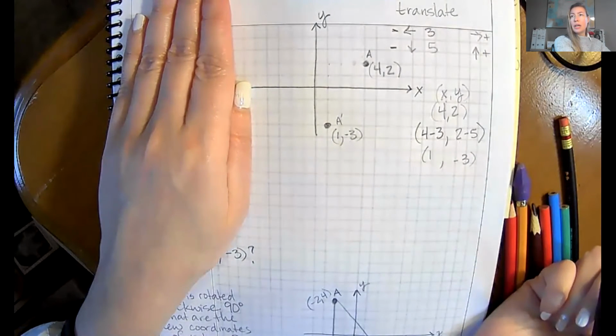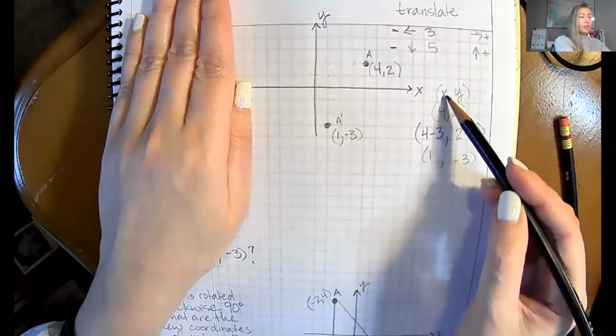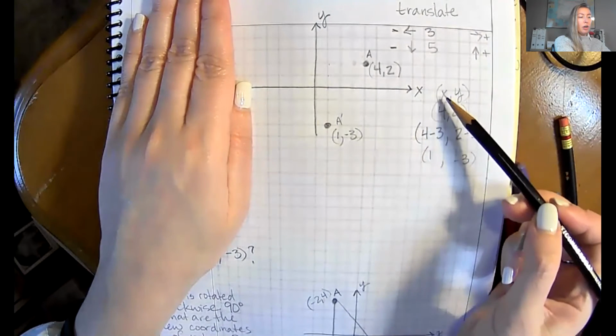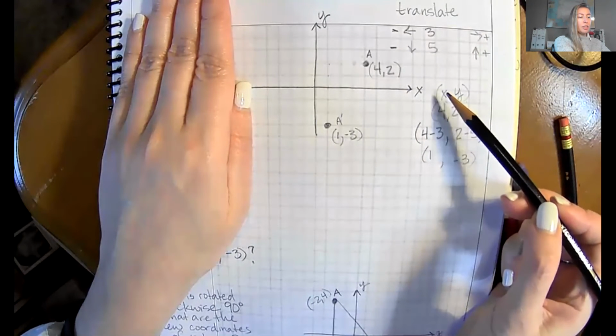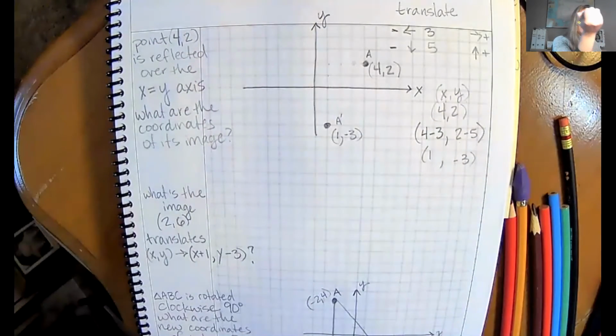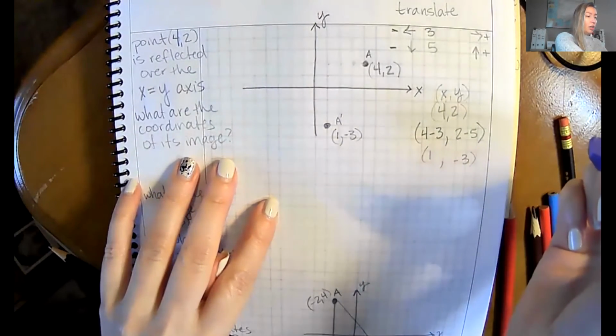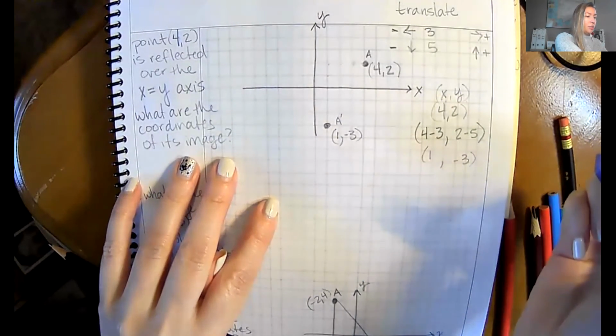Super easy. So now you have a rule for this, where however you're translating it, you are going to be subtracting from x or adding to x, or subtracting from y or adding to y. And that is in the notes under translation on our Canvas page.